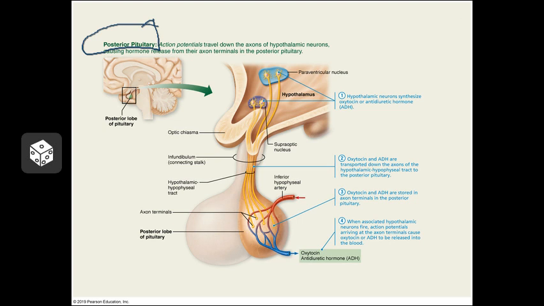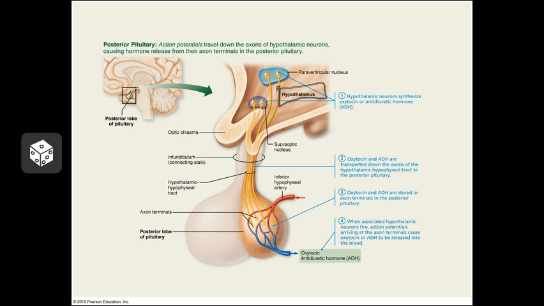This slide focuses on the posterior pituitary. Now, before we go any further, I want to remind you what the term nucleus means when we apply it to structures in the central nervous system. A nucleus is a collection of nerve cell bodies in the CNS. And of course, our hypothalamus, being part of the diencephalon in the brain, is part of the CNS.